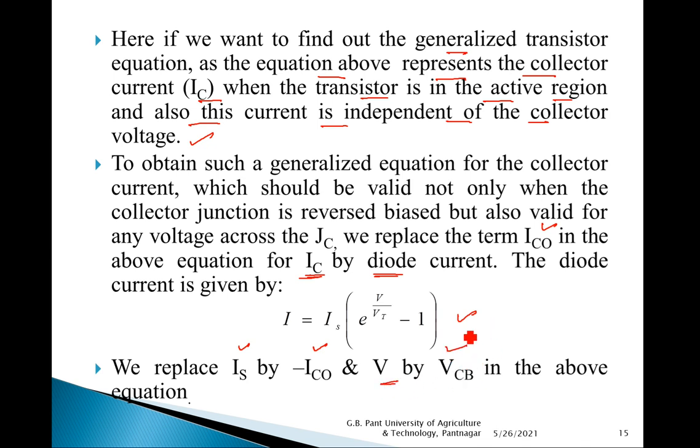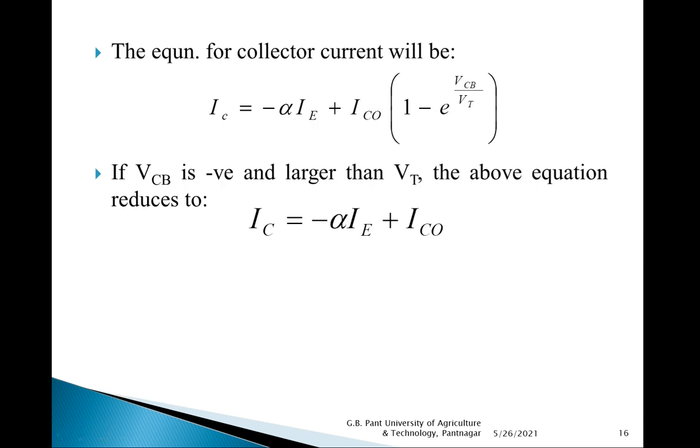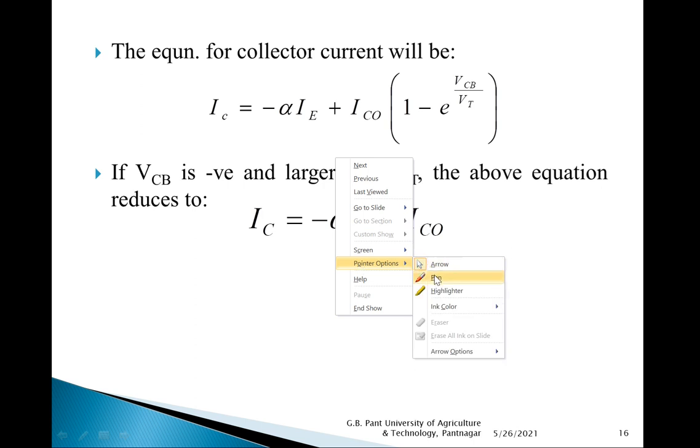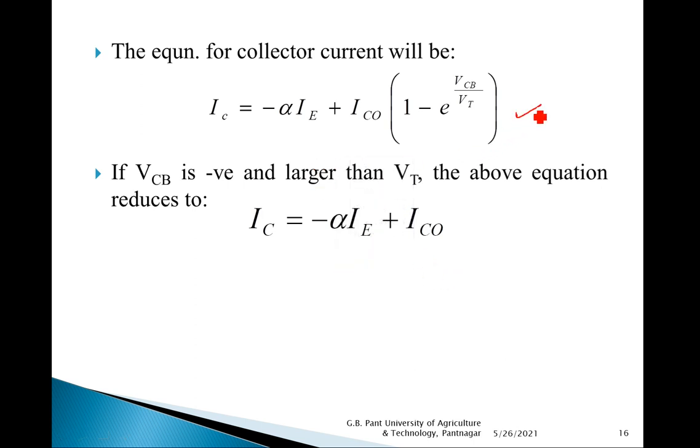So now if you replace this, this equation will be represented as IC equals minus alpha IE plus ICO times 1 minus e raised to VCB upon Vt. So now if VCB is negative and larger than Vt, the above equation will simply reduce to IC equals minus alpha IE plus ICO. Okay.